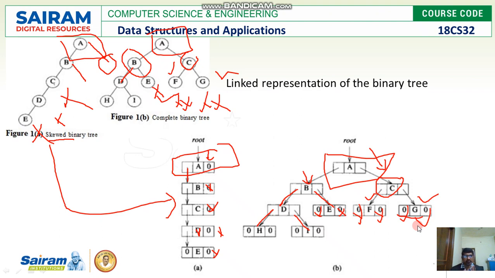The second is that with an array representation, if the tree is skewed, like a left or right skewed binary tree, it wastes almost half of the space. But when you convert such trees into a list, we are not going to waste any space. So these are the two advantages of representing a tree in the form of a linked list.